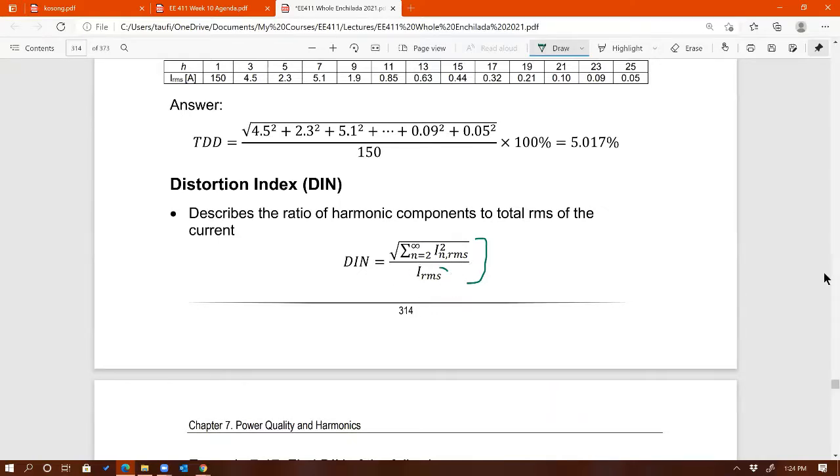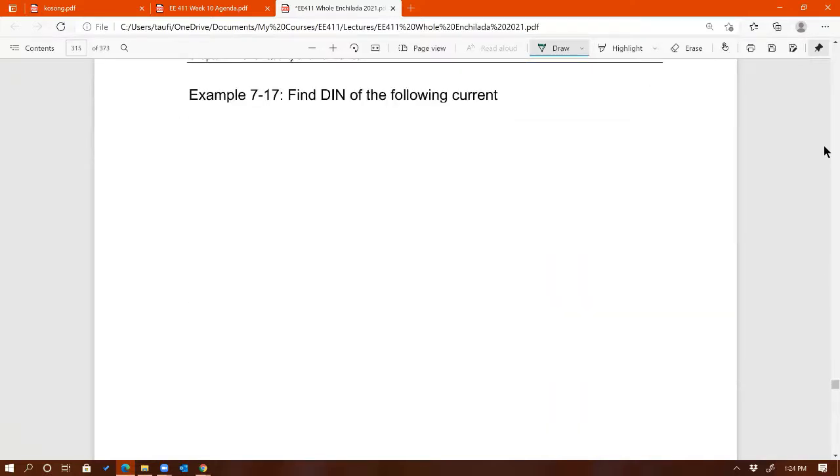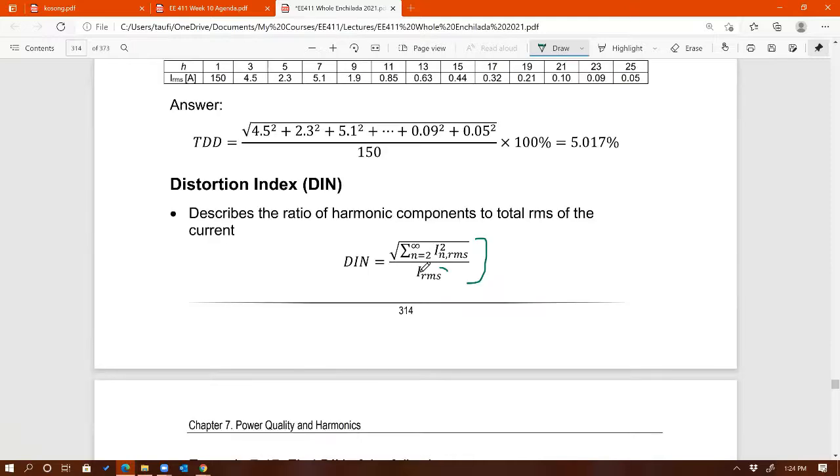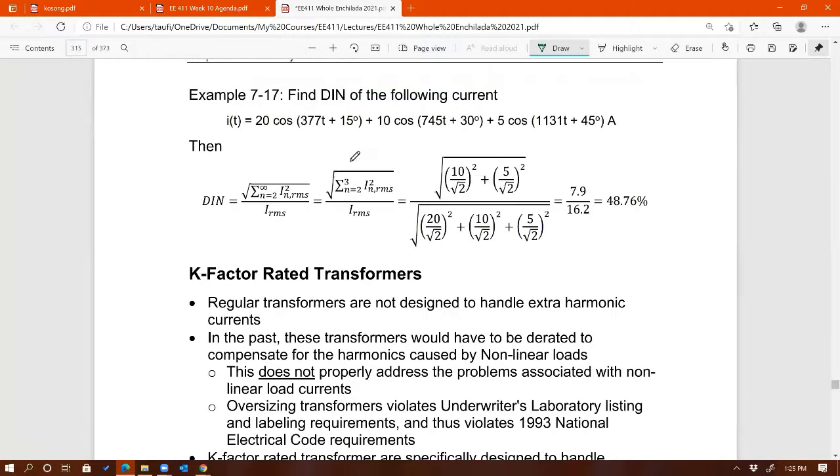That's the difference, right? If you go back to THD, the one that goes in the denominator is I1, only the fundamental component. Here, you take into account the entire components, not just the fundamental. That's the difference between DIN and THD. And there's an example for you to calculate DIN. I'll let you go through this. And just one more.